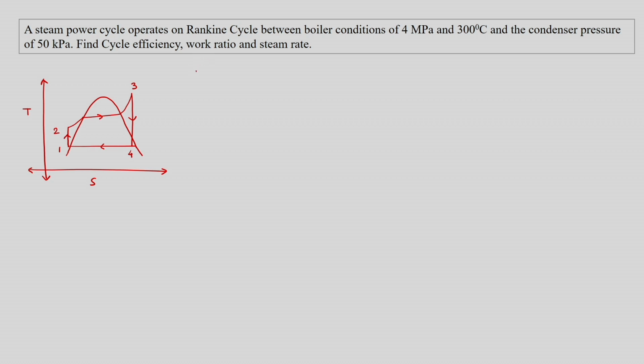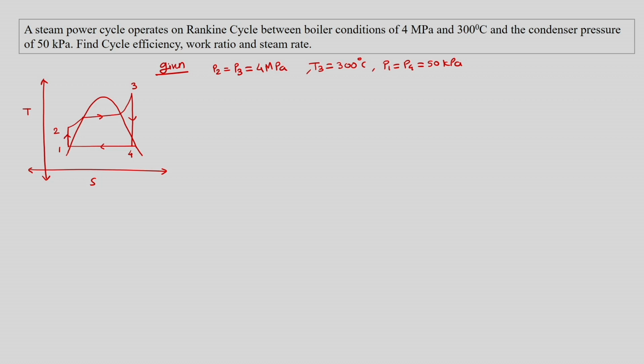So as per the given conditions, P2 is equal to P3 is equal to 4 megapascal. So it is given. Then T3 is equal to 300 degrees Celsius and P1 is equal to P4 is equal to 50 kilopascal. We are supposed to find out cycle efficiency and work ratio and steam rate.